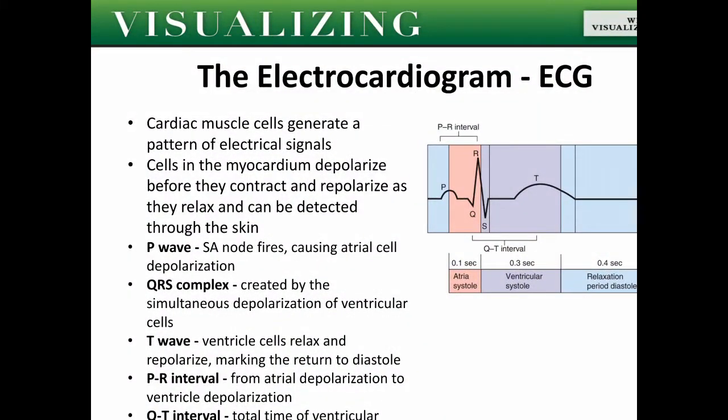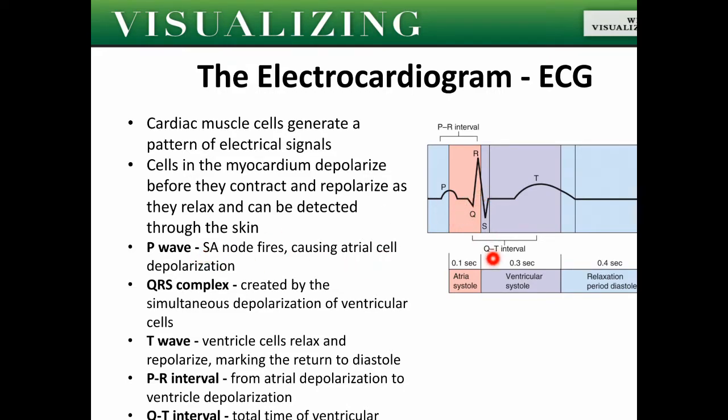The P wave is the signal detected when the SA node fires, causing atrial cell depolarization. As you can see here, the atrial systole, or atrial contraction, starts at the middle of the P wave. This is the signal, and of course the muscle contraction follows after the signal.